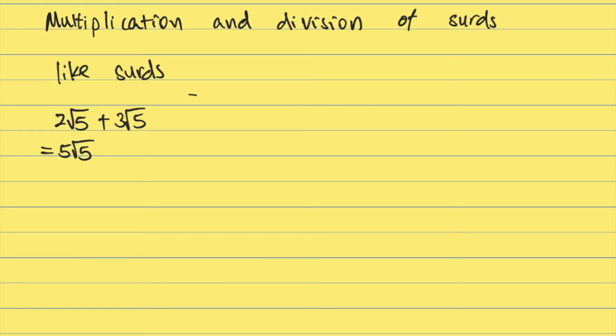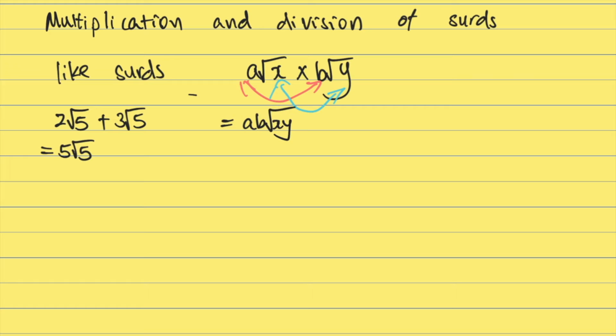When we come to multiply two surds, we simply multiply the numbers outside the square root sign, and similarly multiply the numbers under the square root sign. A similar rule holds for division.